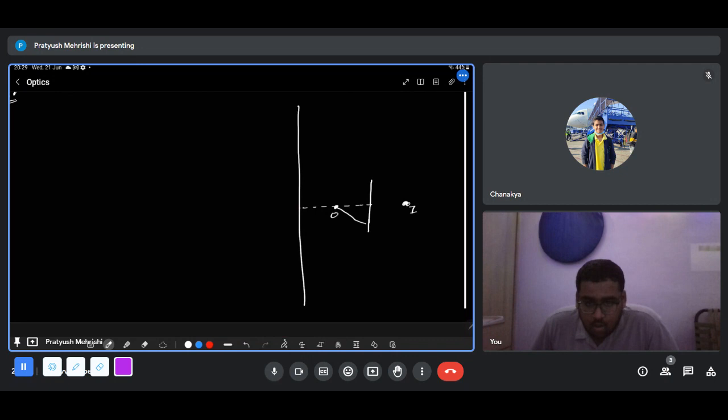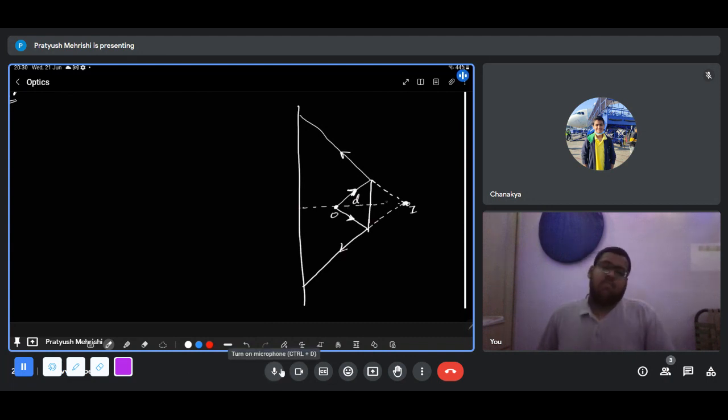Because of reflection. This is the object distance D. It will be the same as the image distance. The length of the mirror is given as L.